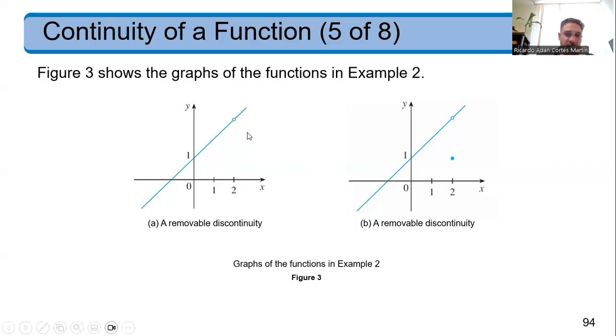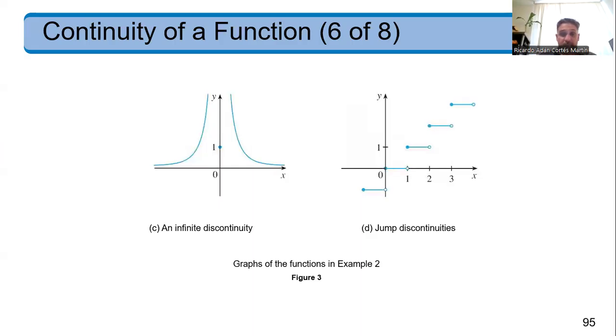You can take one point away from the function, or you could cover that discontinuity with just putting one point into it. So that is the way to describe a removable discontinuity.